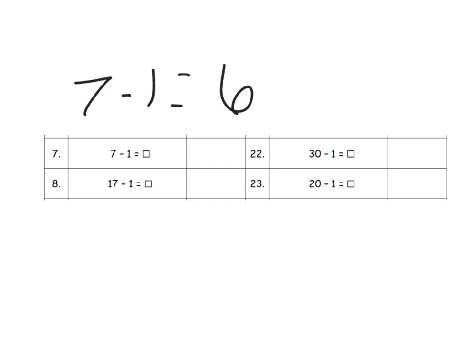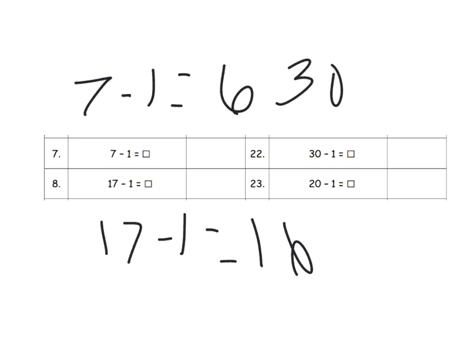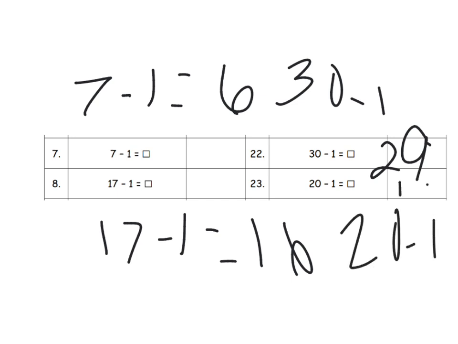And for number 8, you have 17 minus 1, that equals 16, because you had 17 and you took away 1, you had 16. 30 minus 1, pretend you had 30 jelly beans, you ate 1, you get 29. And 20 minus 1 is 19.